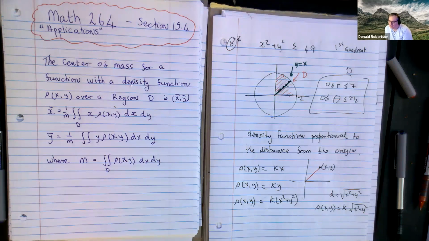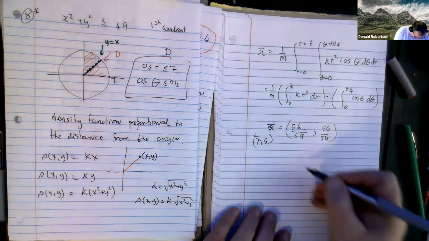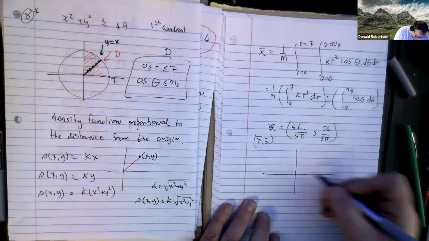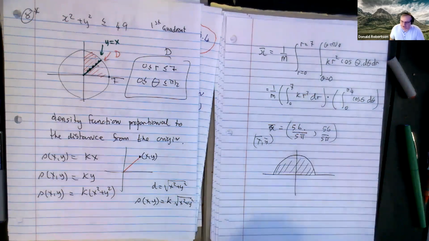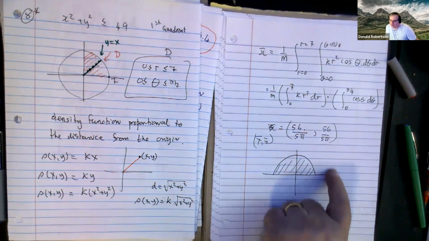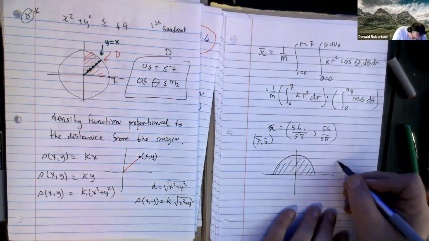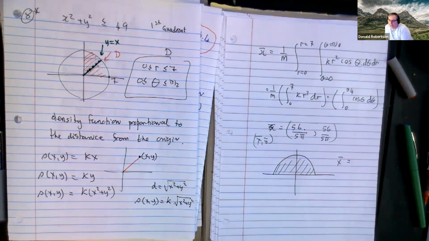We good? So imagine the same density function. Everything else is the same. The only difference is that the region is now this shape. If the density function is the same, but the region is now this, I can predict x bar. What number would x bar be in this story?